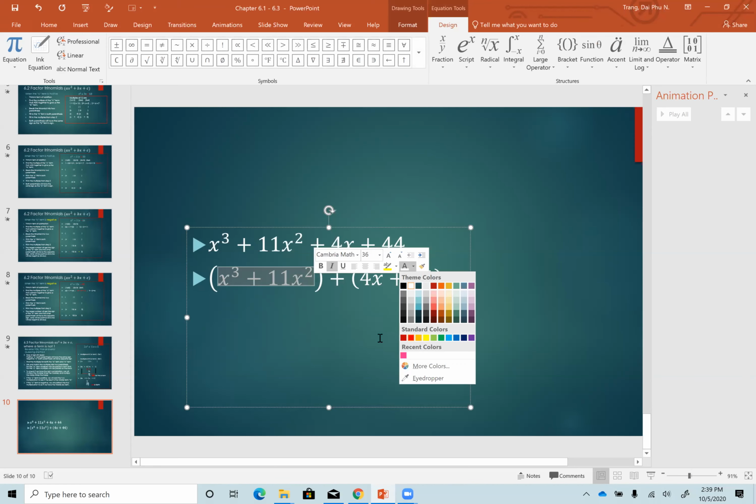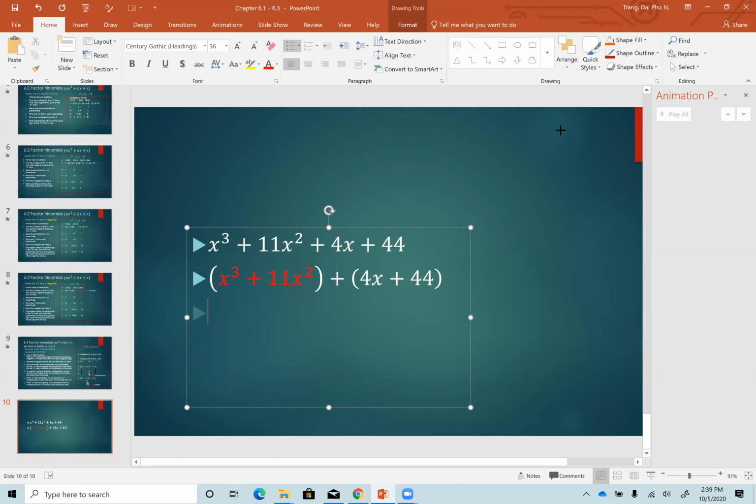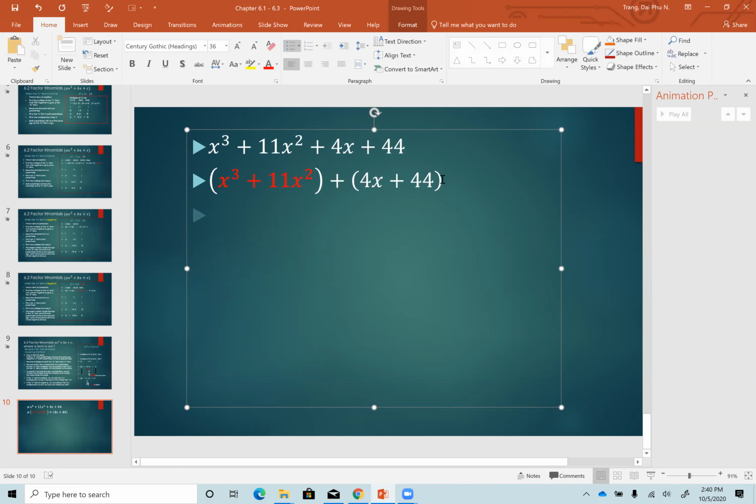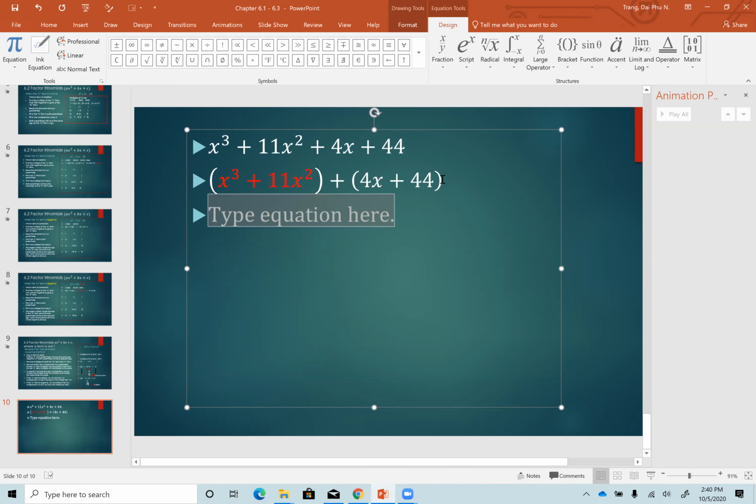So now in the first group, you need to ask yourself between this item, x to the third and 11x squared, what can you extract out? What do you have in common? Well, the only thing in common is x times x plus 11x and x and x, which is this x here and this x here.